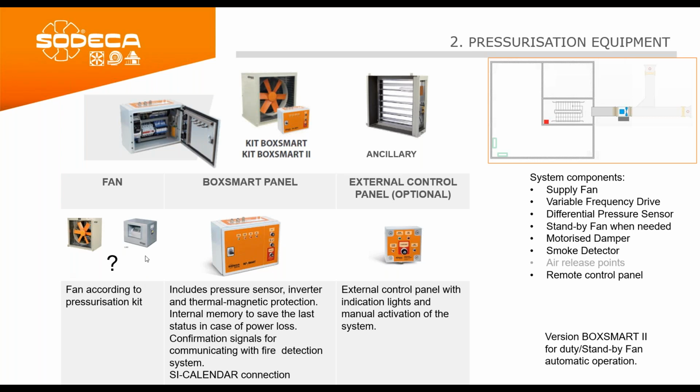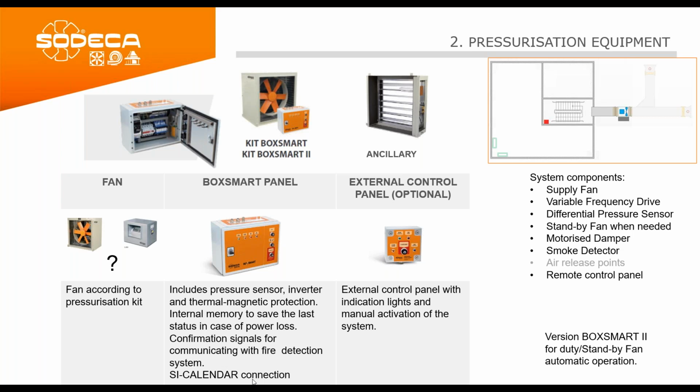Again, we need a fan here, and this Box Smart panel includes the pressure sensor, the inverter, thermal magnetic protection, and an internal memory to save the last status in case of power loss. It also has confirmation signals for communicating with the fire detection system, and it allows the connection of the SI calendar, in case you want to use this equipment for daily ventilation.